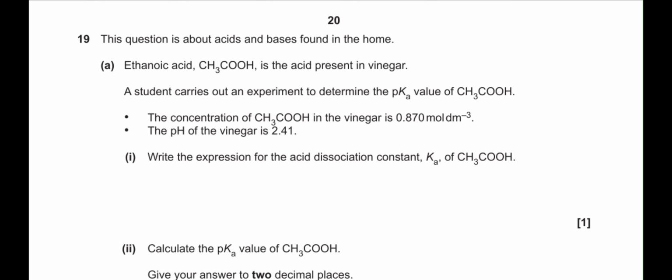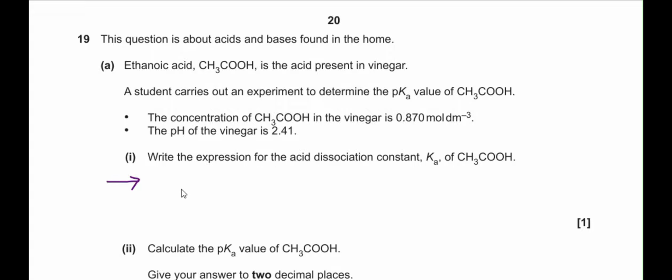Ka is the acid dissociation constant. It's a measure of how much the acid dissociates when dissolved in water. When a weak acid like ethanoic acid is dissolved in water, it partially breaks down to form hydrogen ions and its conjugate base, and it reaches a state of dynamic equilibrium.